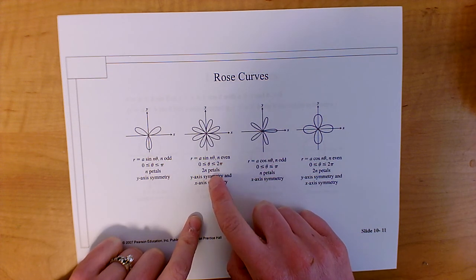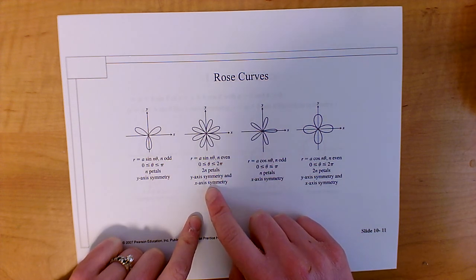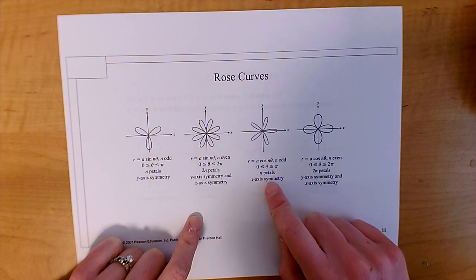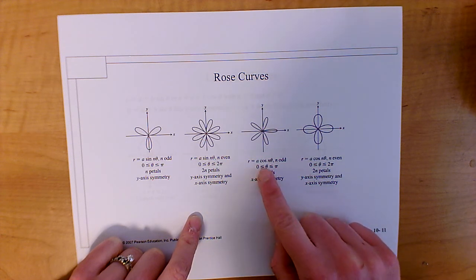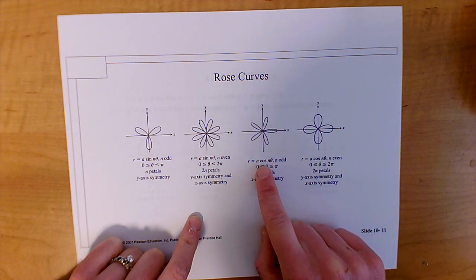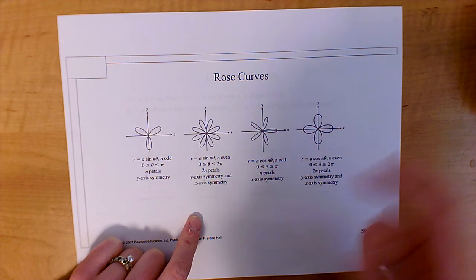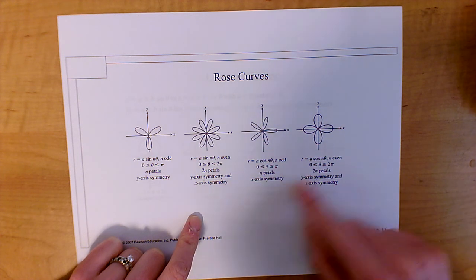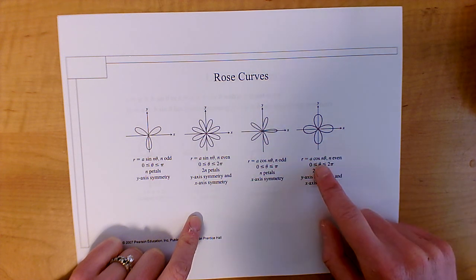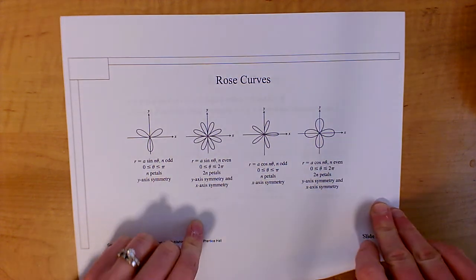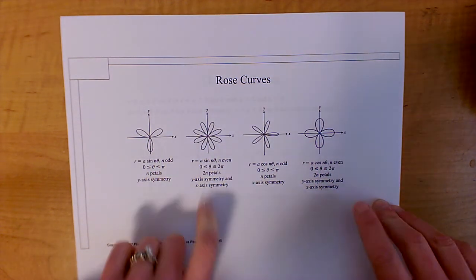When n is even, you will have 2n petals, and you'll have y-axis and x-axis symmetry. If you flip this around and you have a cosine n theta and n is odd, then you'll have n petals and you'll have x-axis symmetry. And then if you have a cosine n theta again and n is even, you'll have 2n petals and you'll have y-axis and x-axis symmetry.